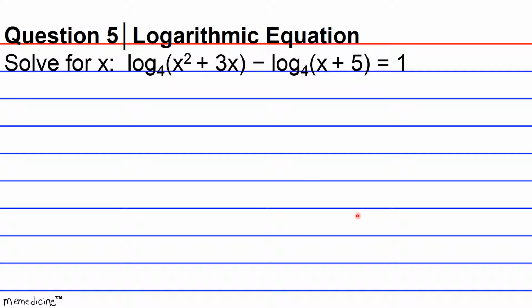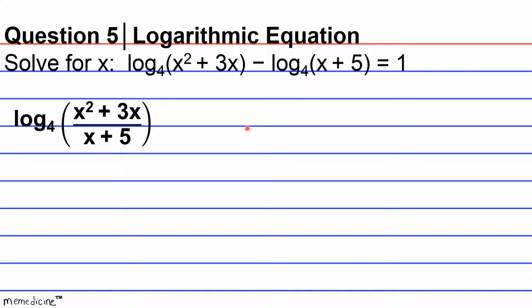All right, so hopefully by now you are able to press pause and arrive at an answer. And if you didn't, that's completely fine. The first thing that we're going to do is use the quotient property of logarithms to combine the two logarithm terms into one.